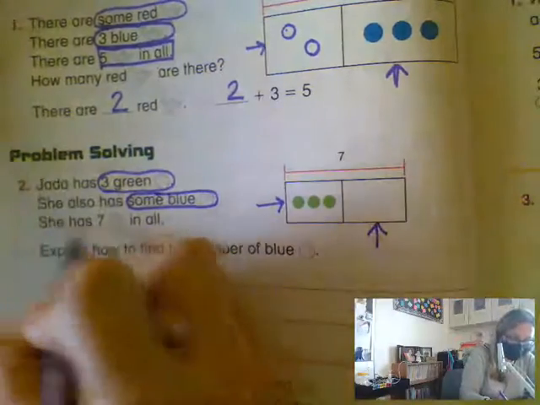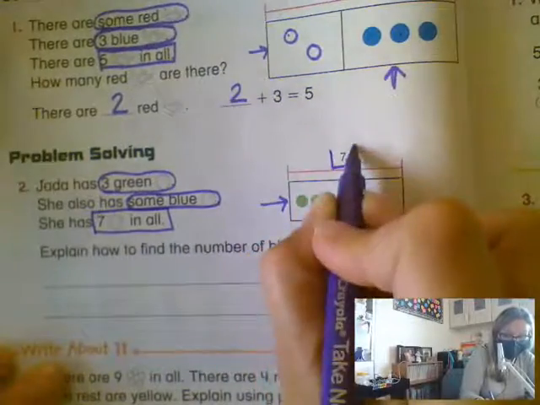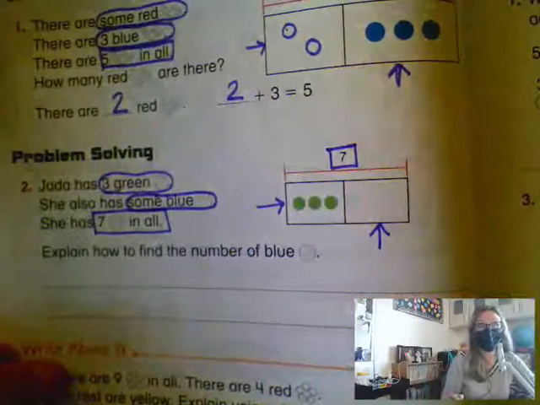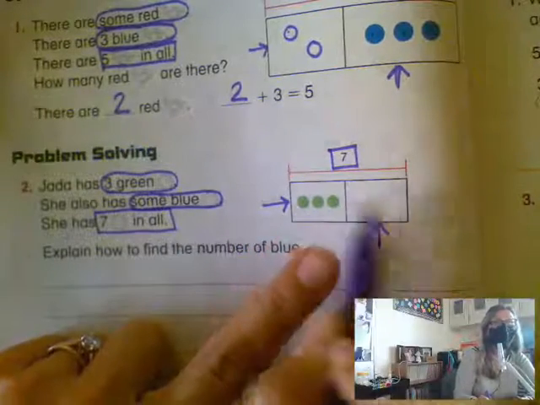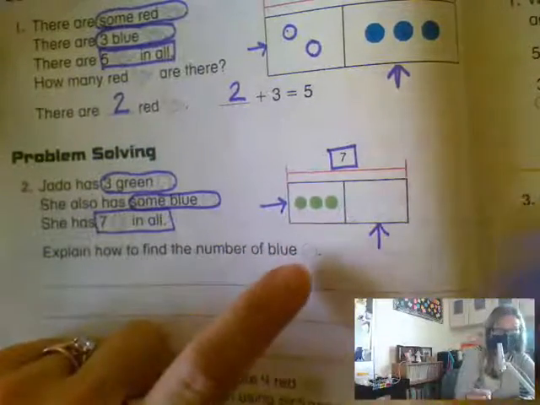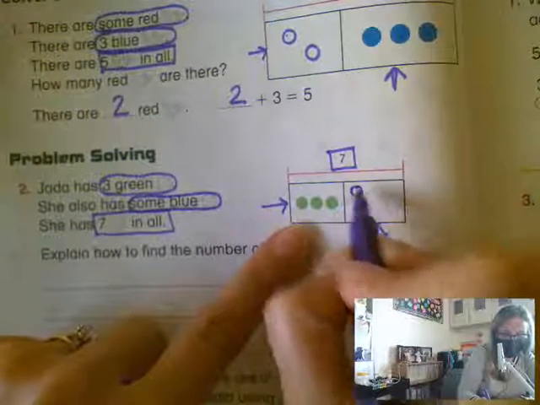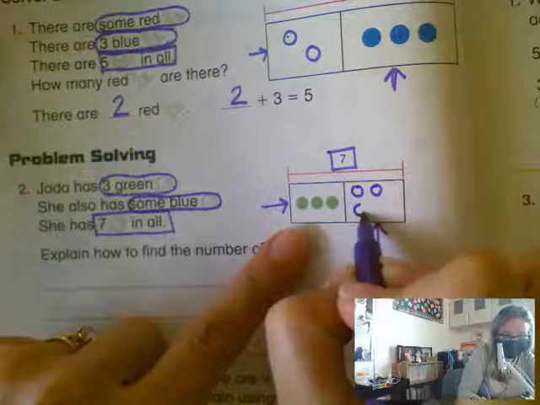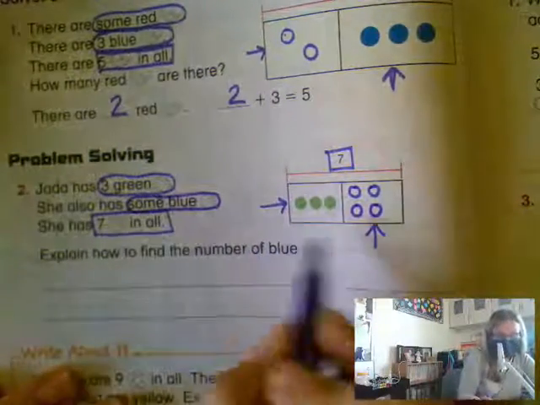It says she has 7 marbles in all. So our whole, or our sum, is 7. So now, Victoria, we have 1, 2, 3. Let's keep going until we have 7, okay? So 1, 2, 3, 4, 5, 6, 7. Now, Victoria, we have 7 in all.